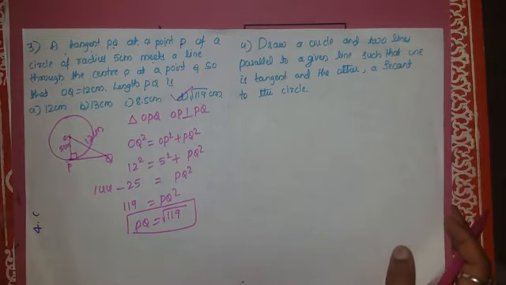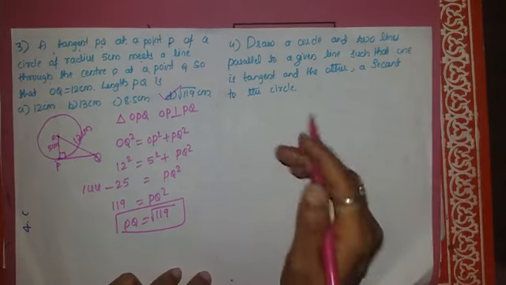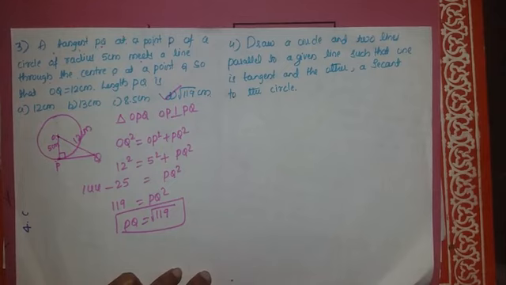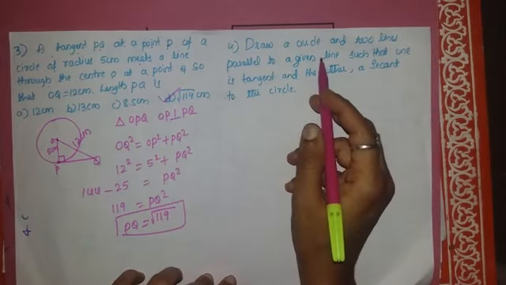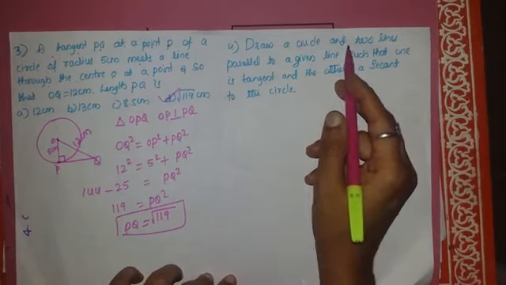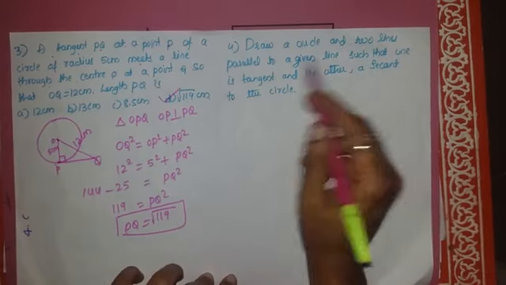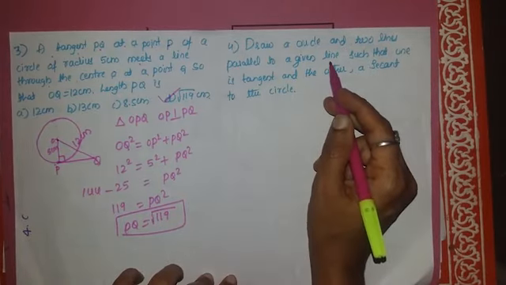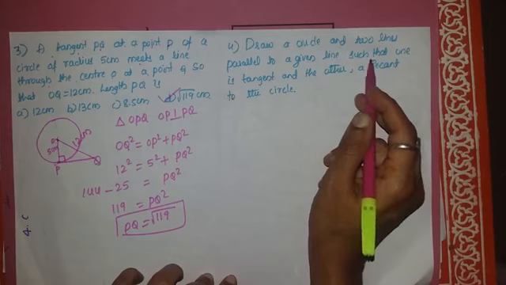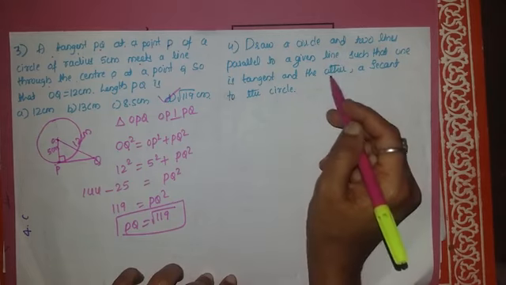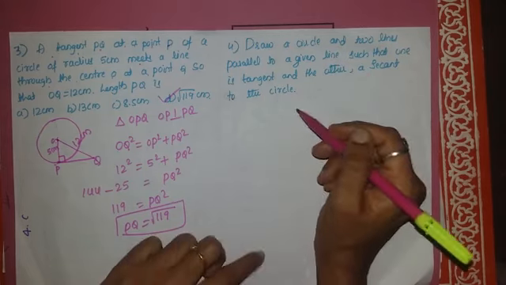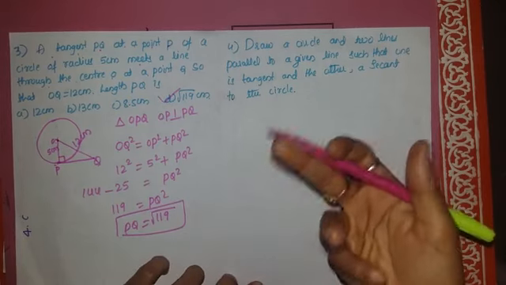Next, fourth one: draw a circle and two lines parallel to a given line such that one is a tangent and the other is a secant to the circle. So just draw this one.